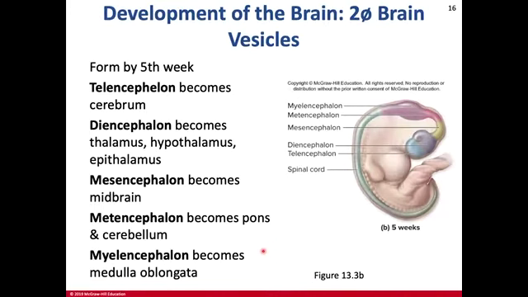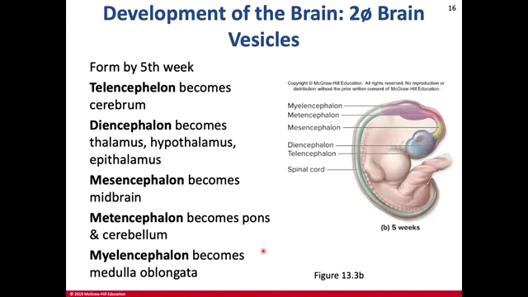The diencephalon remains the diencephalon and becomes the structures known as the thalamus, hypothalamus, epithalamus, and subthalamus. The mesencephalon will become the midbrain, which is going to connect the diencephalon to the medulla oblongata, and the metencephalon becomes the pons and cerebellum, while the myelencephalon becomes the medulla oblongata.